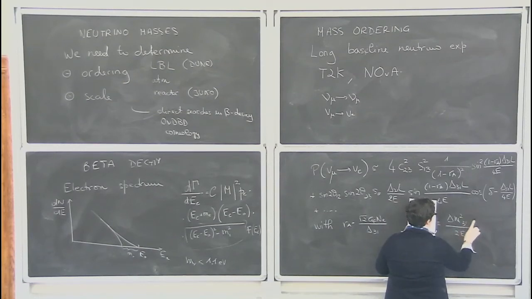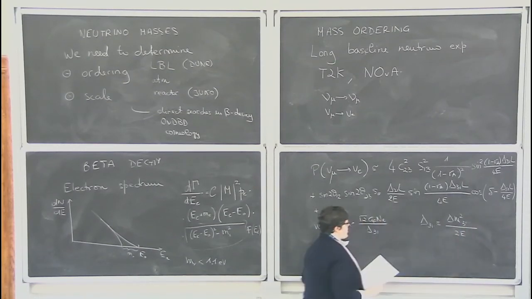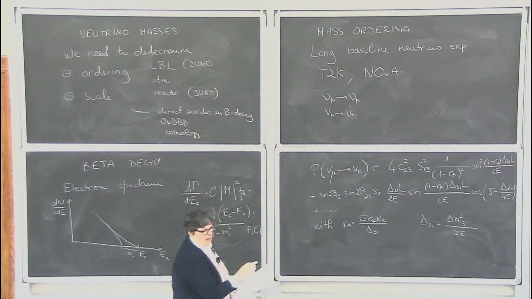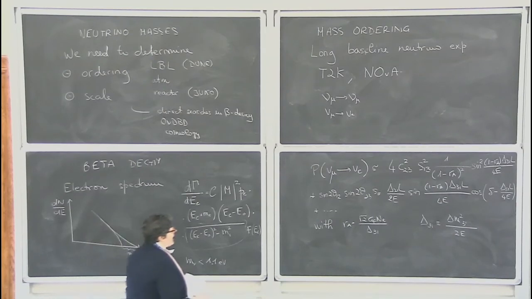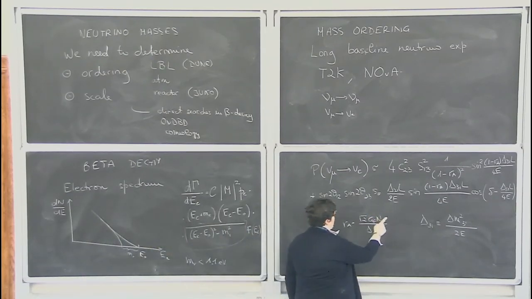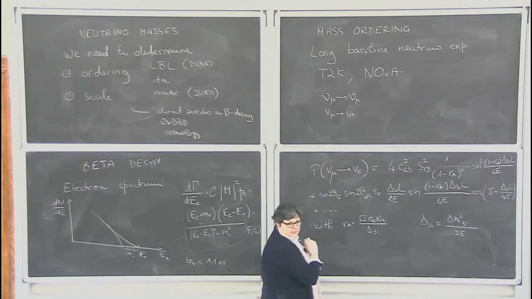Oh, so without the L, just that. Delta m squared 3 1 divided by 2E, and delta 2 1 is defined in the same manner. So this A term is the one which is due to matter effects.